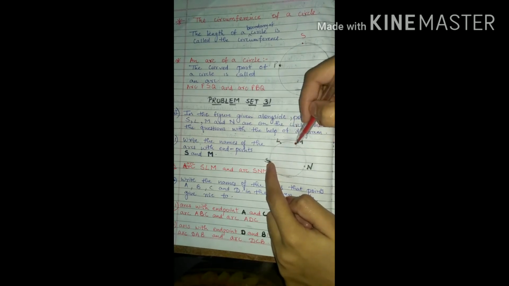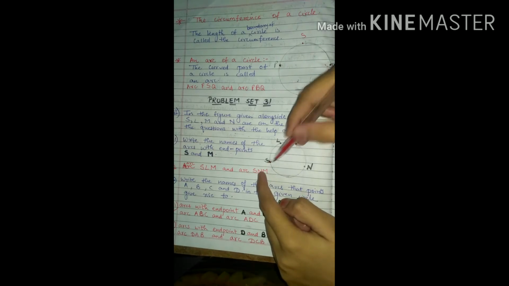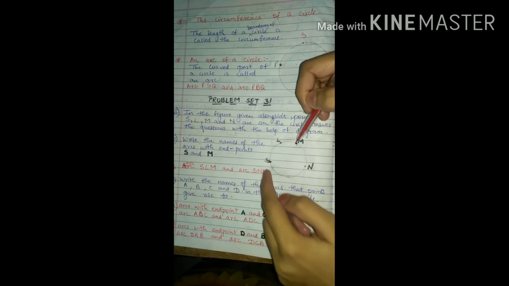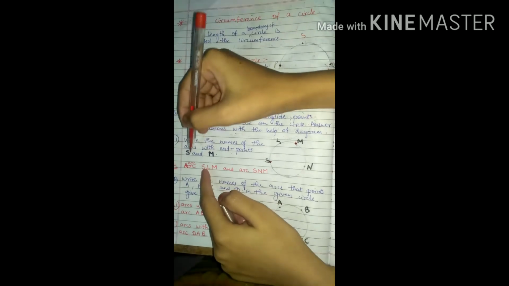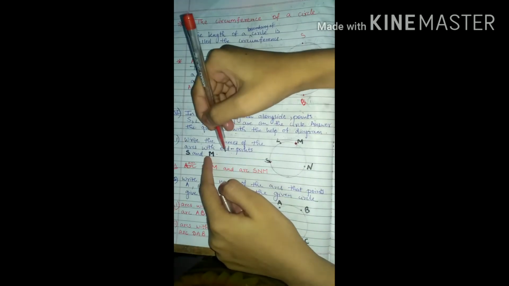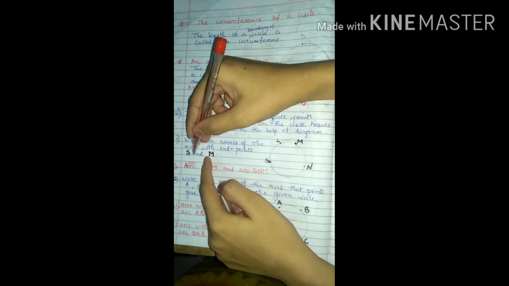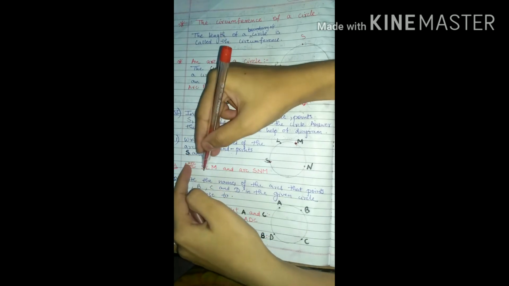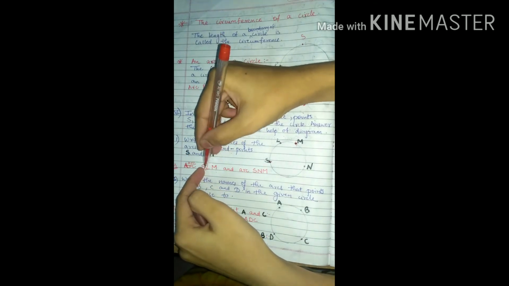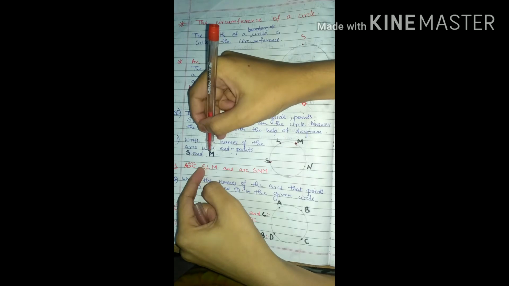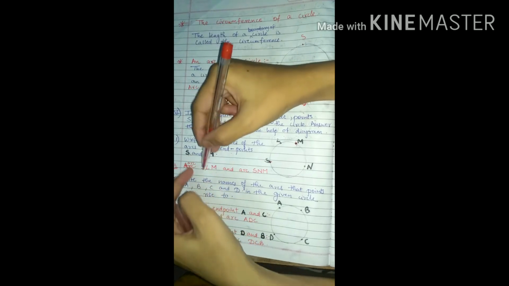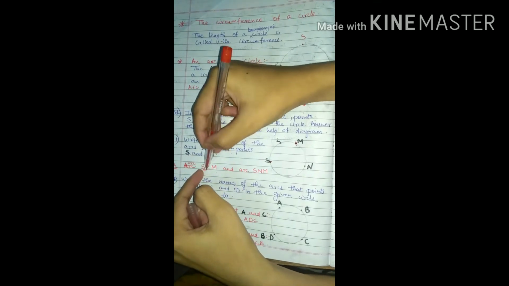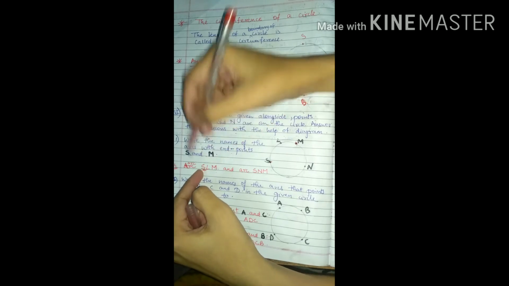Arc S, L, M, and arc S, N, M. See, S and M are the end points, so one should be at the start and one at the end. So one will be at the front and one at the last.